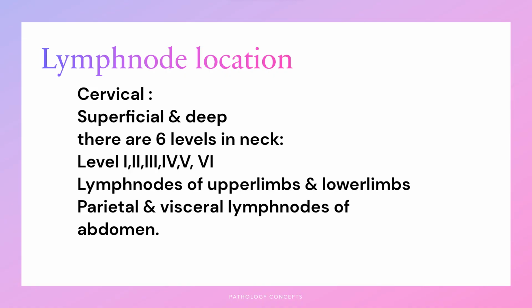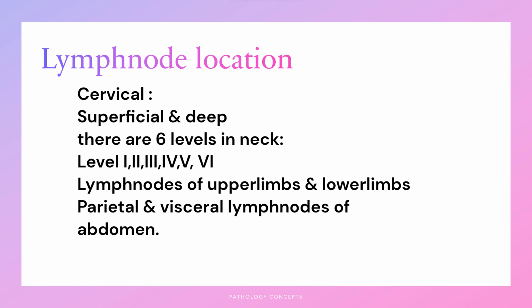Let's see some common locations of lymph nodes in the human body. First is cervical. It is divided into superficial and deep. Occipital nodes, mastoid nodes, preauricular nodes, superficial parotid nodes, submental nodes, submandibular nodes, facial nodes and superficial cervical nodes are all included in the superficial cervical lymph nodes.